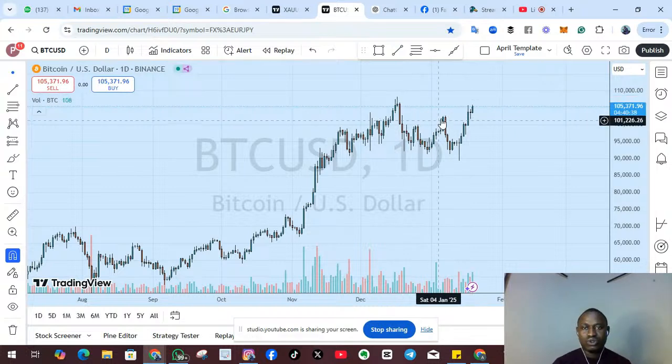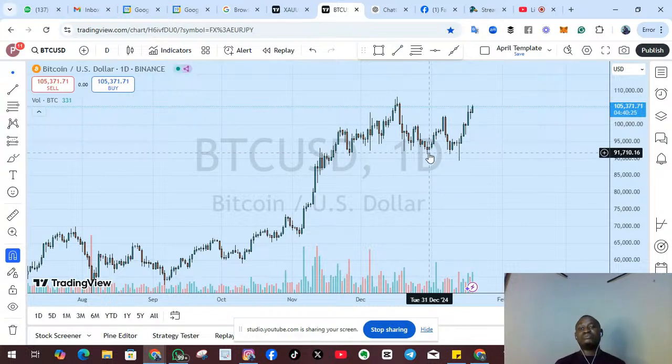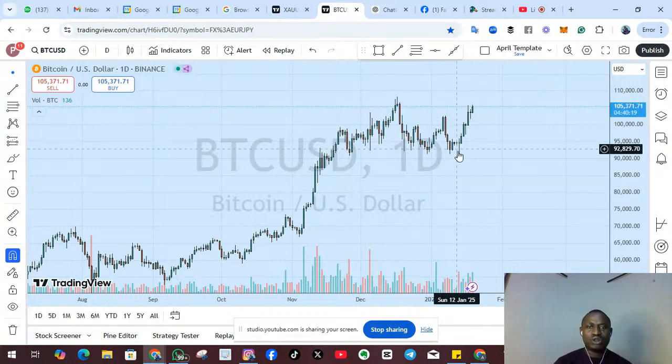So if this low here had taken this particular low out, we would have sensed a break of structure and be looking for a bearish entry. Now, you might want to say, so what about this?